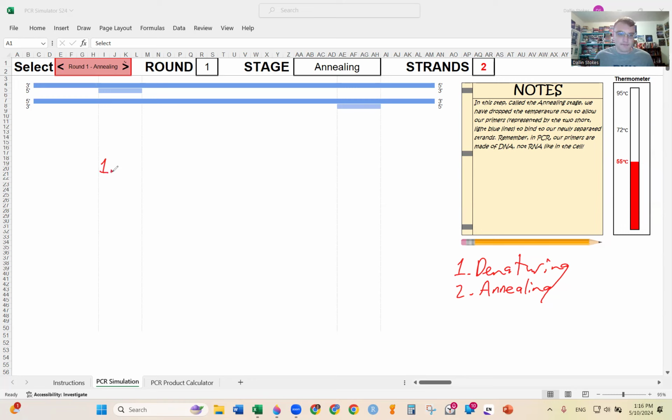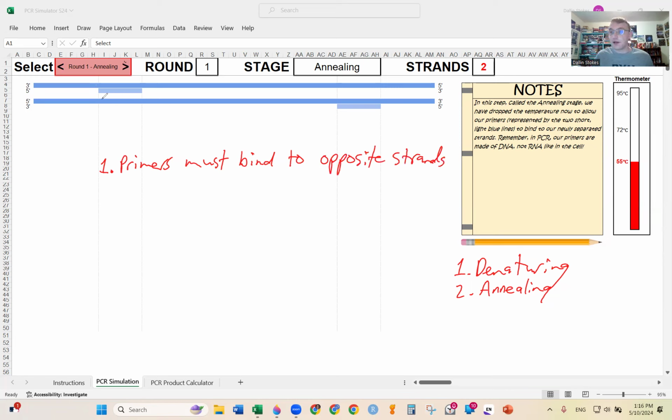Rule number one: primers must bind to opposite strands.